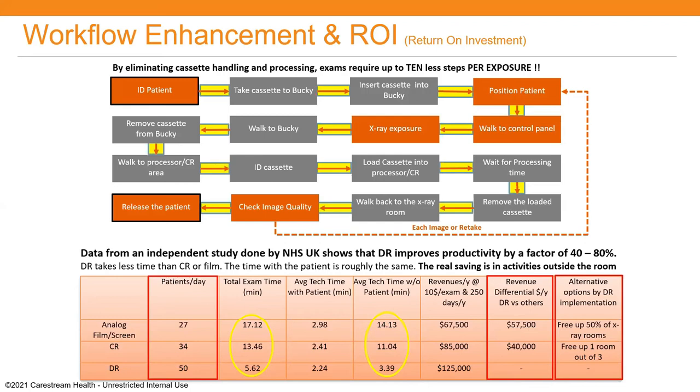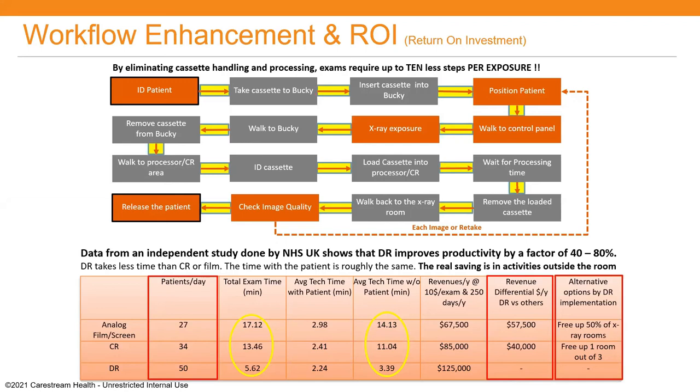So I tried to put here a tool that can explain what the advantages can be. I calculated the revenues per year at $10 per exam as a reimbursement rate, although we know that this rate is pretty low.